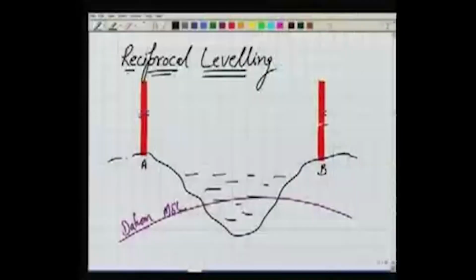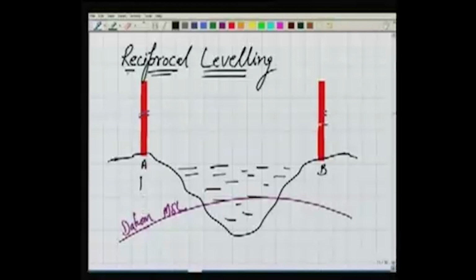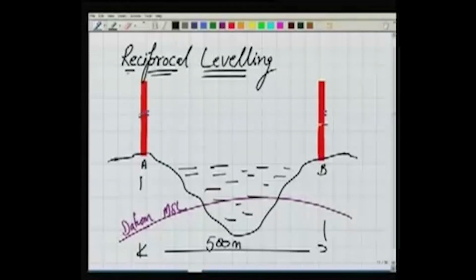Well, I will give you a case. The case is, let us say we are in a terrain, as you can see here, and we have a big river here in between. Maybe the width of the river, or between these 2 points, the distance is 500 meter or maybe 1 kilometer. These 2 points A and B are very far apart, 200, 300, 400, whatever.